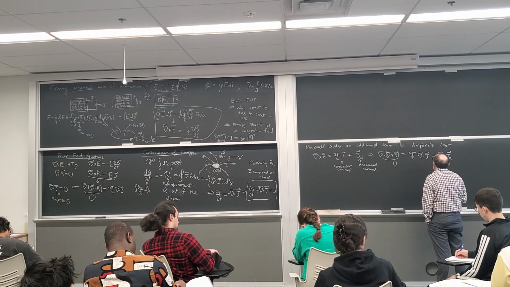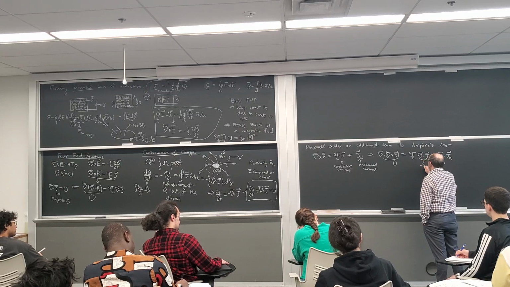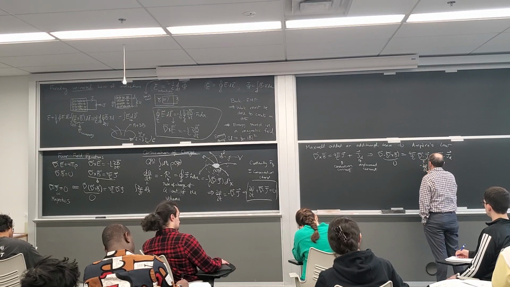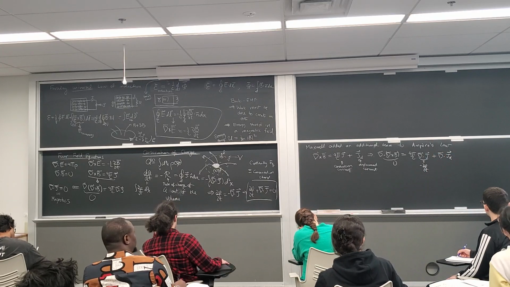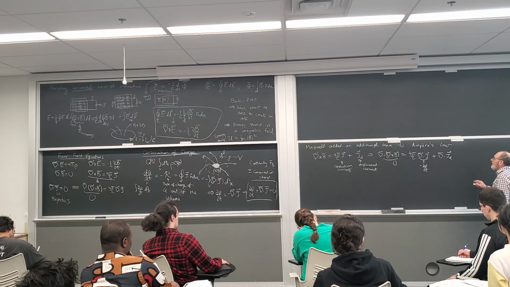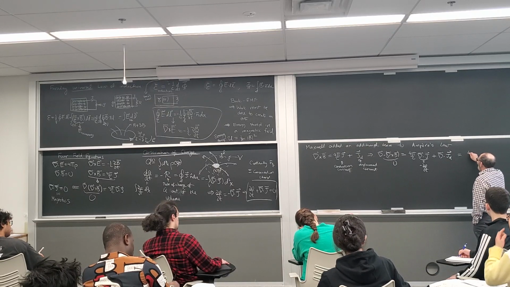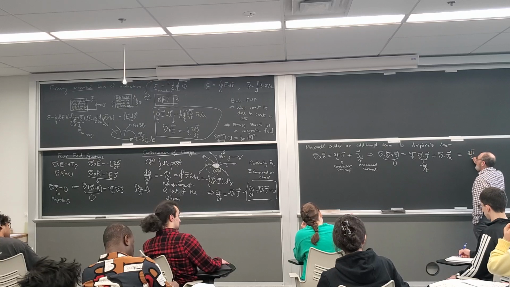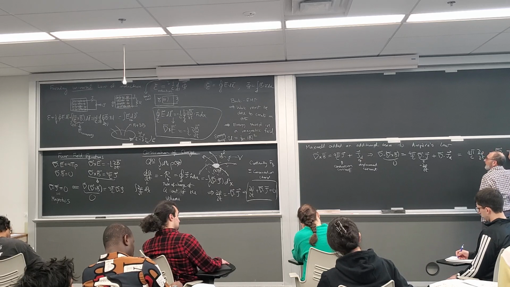But del dot J is equal to minus d rho dt by conservation of charge. Okay? So this tells me that 4 pi over c times d rho dt is equal to the divergence of this displacement current.